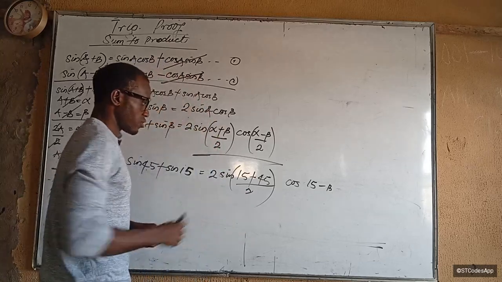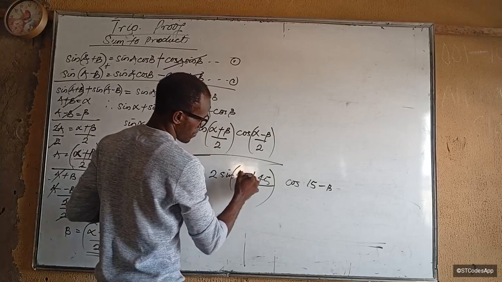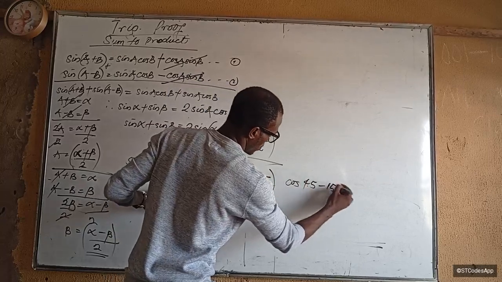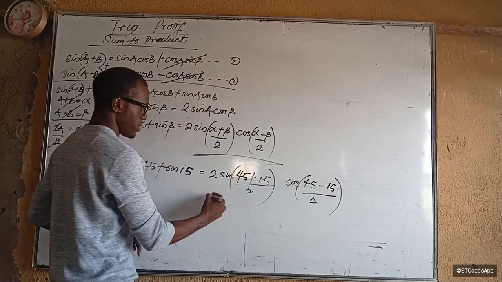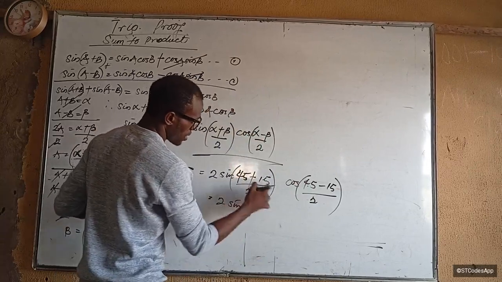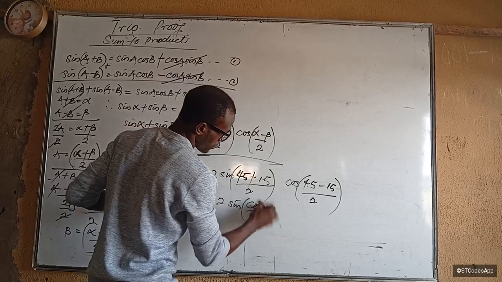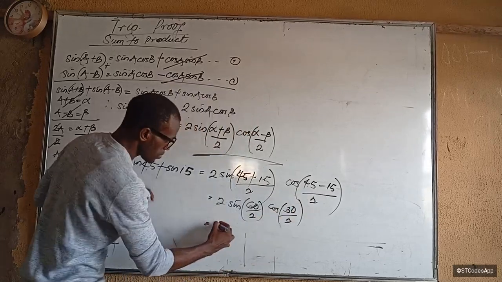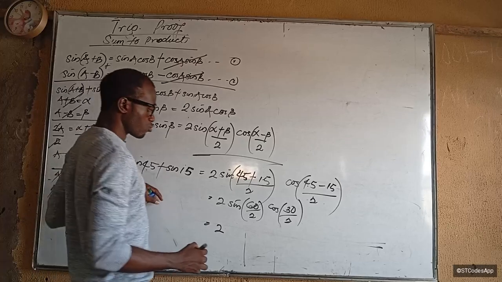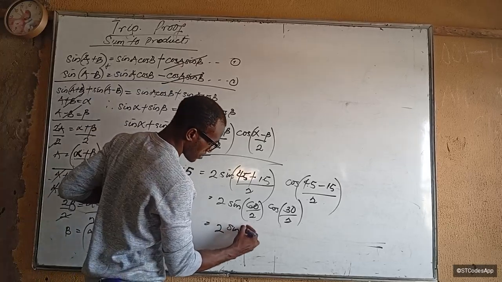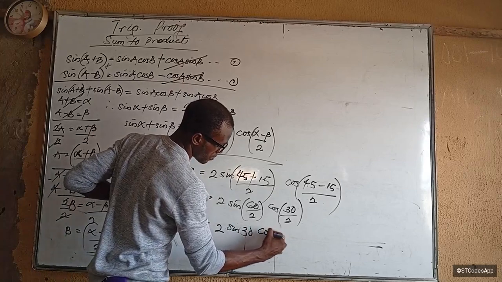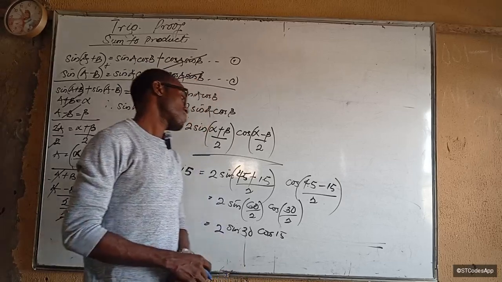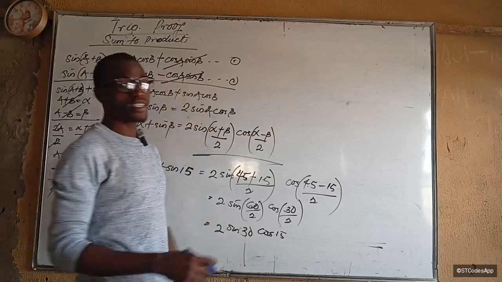All right, so here it will be 45 plus 15, and here 45 minus 15 over 2. So here we're going to have 2 sine, 60 over 2, cosine of 30 over 2, in which case we'll have 2 sine 30 cos 15. Is that clear? So cosine of 15, I can't remember, you have to do this again.